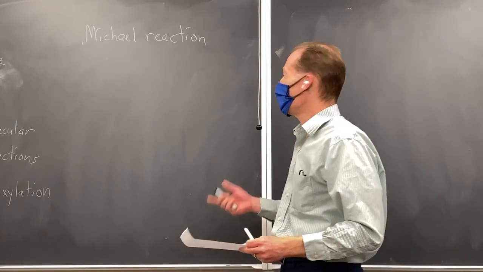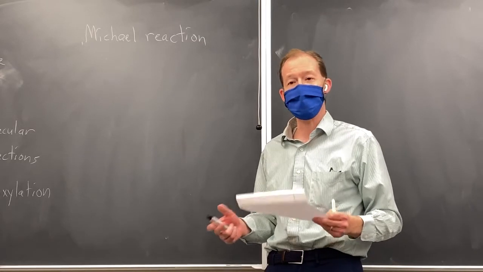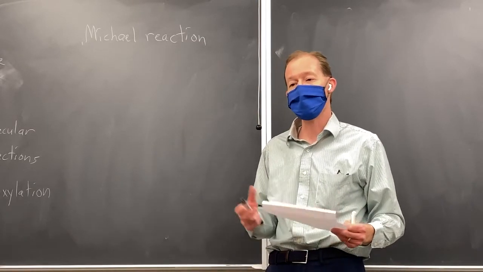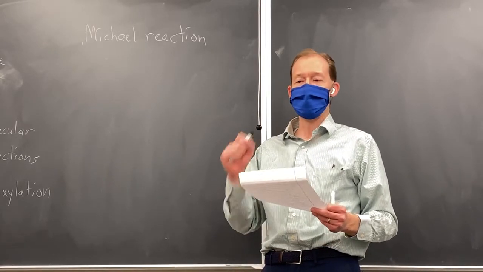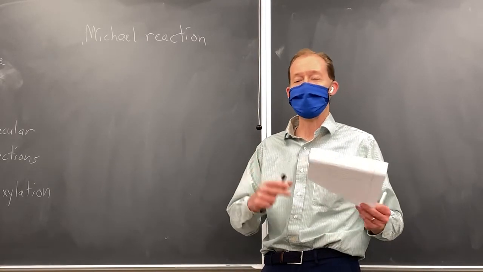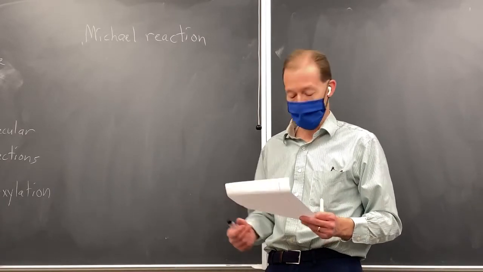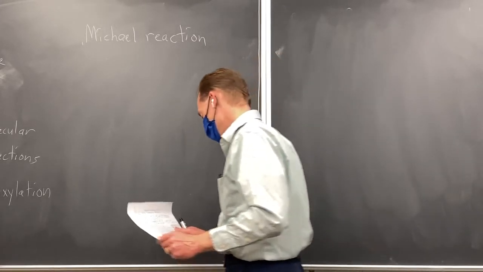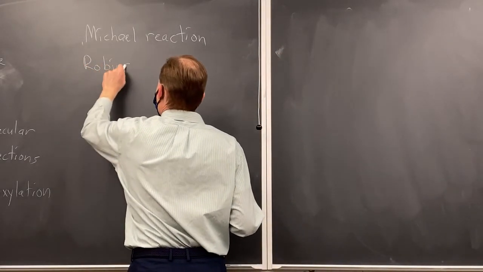It doesn't always use a 1,3 dicarbonyl compound as the nucleophile, but in most cases, most of the examples you'd see in a Michael reaction involve the enolate of a 1,3 dicarbonyl compound adding to the beta carbon of another carbonyl compound. And then we finished with the Robinson annulation.